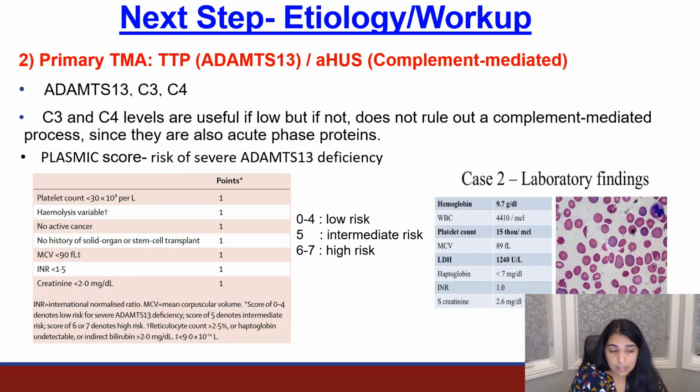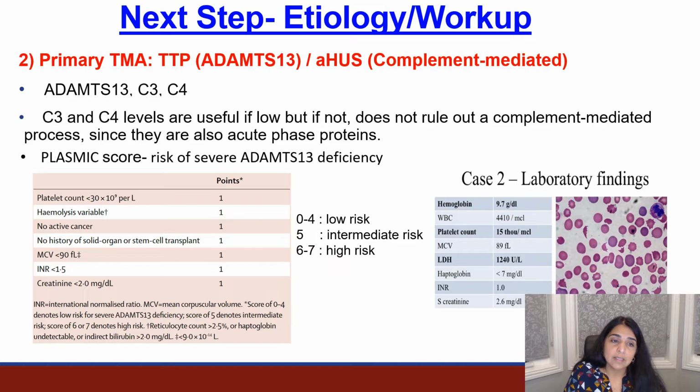Her INR is less than 1.5, that gives her 6 points. But her creatinine is not less than 2. So this patient scores 6 out of 7 on her PLASMIC score, and that puts her at a high risk of having TTP or ADAMTS13 deficiency. Of course, this is a quick way of assessing, like I said, while the ADAMTS13 level is cooking.